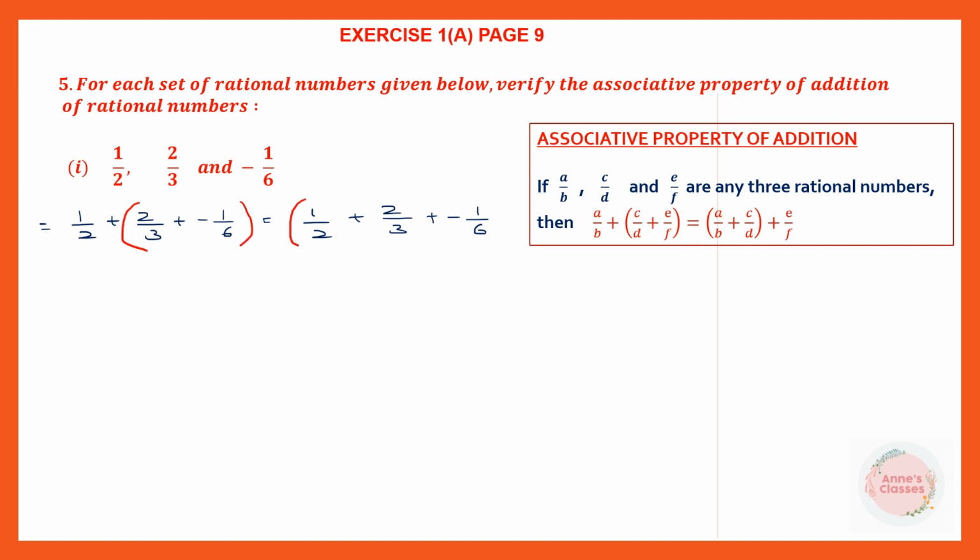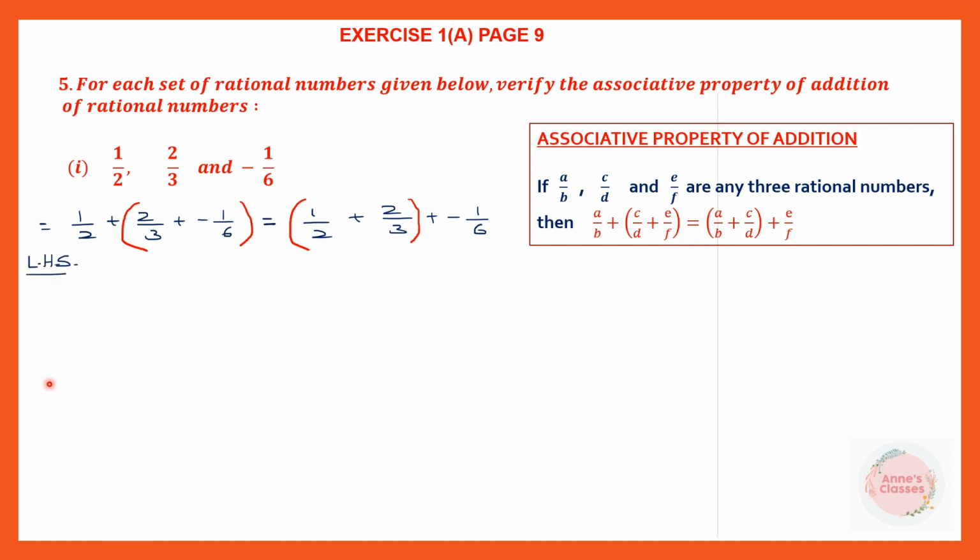Here we'll take the first and the second and make it a group. Now we're going to work this out and see if this is true. Associative property is verified here if the answer that you get here is going to be the same as the answer that you get here. So this is your left hand side and this is your right hand side. At the end, left hand side should be equal to the right hand side.